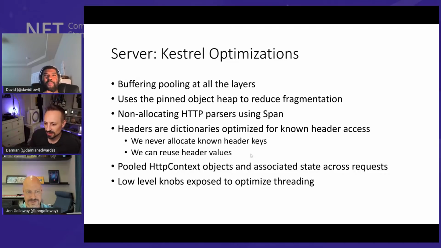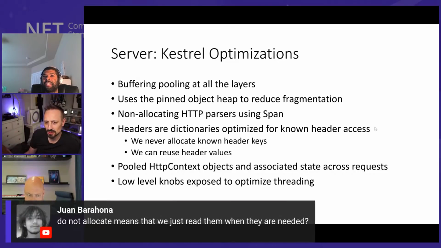John, can you highlight Juan's recent comment? I'd like Fowler to talk about that, because you'll hear us say we don't allocate quite a few times. It actually means something different in different contexts. Sometimes it literally means we truly don't allocate at all from app startup for this thing. Other times it means other things, doesn't it, Fowler? Yeah, so for headers specifically, we literally have a string constant.